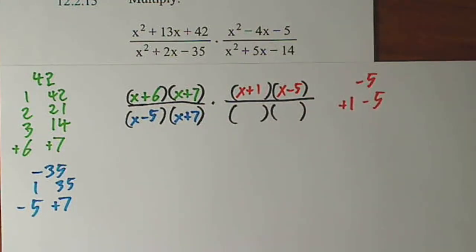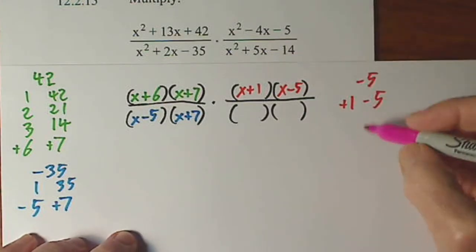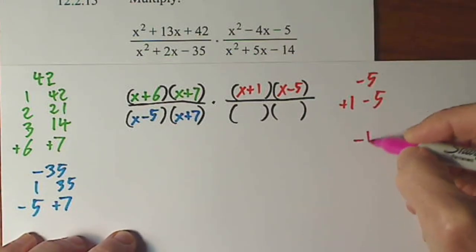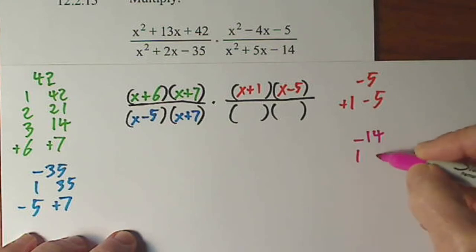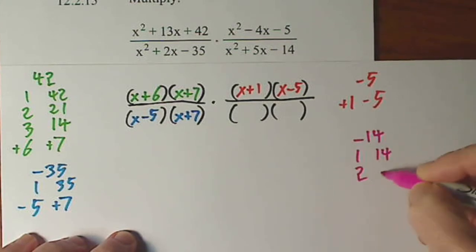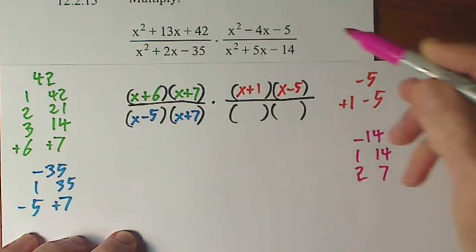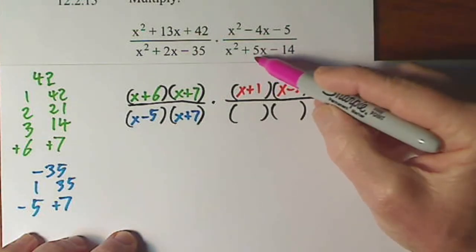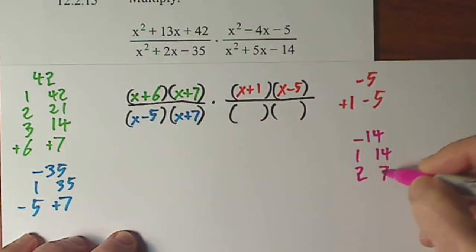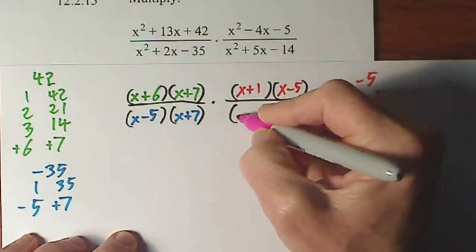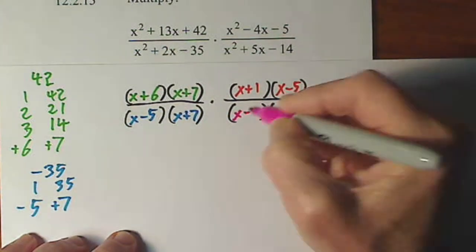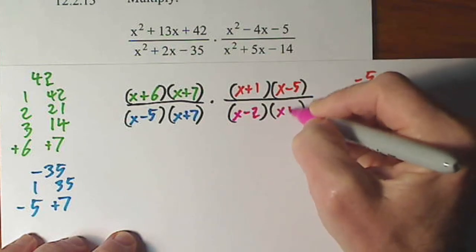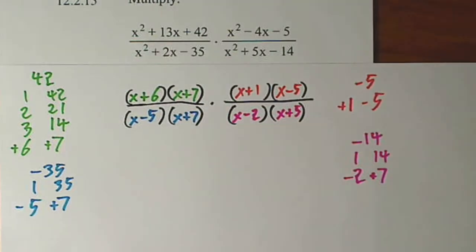And finally turning our attention to the denominator here, all the factors of negative 14 would be 1 and 14, 2 and 7, and to find a difference of positive 5, positive 7, negative 2 will do the trick. So x minus 2, x plus 5.